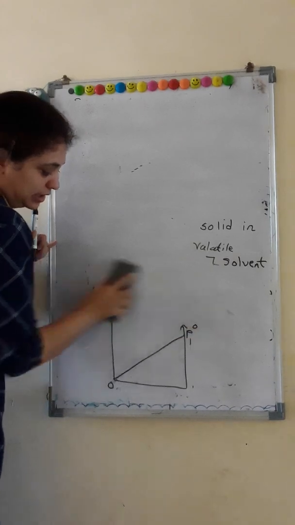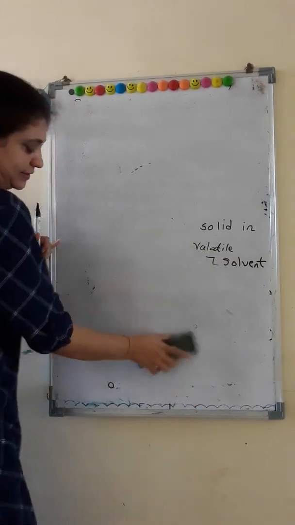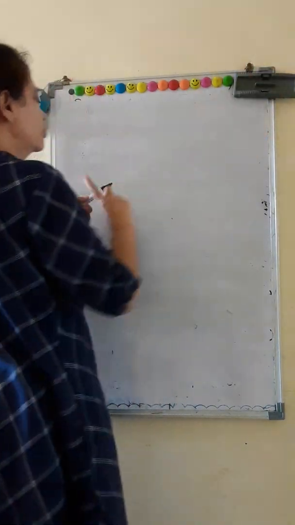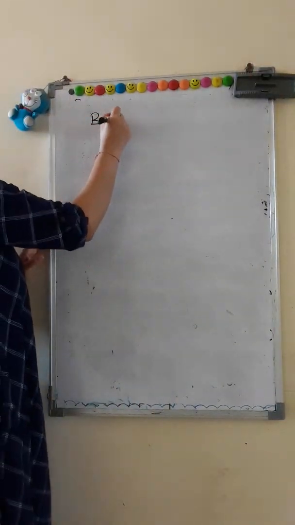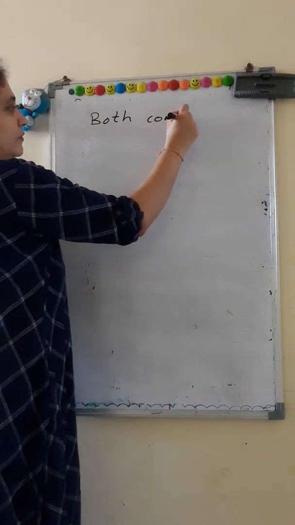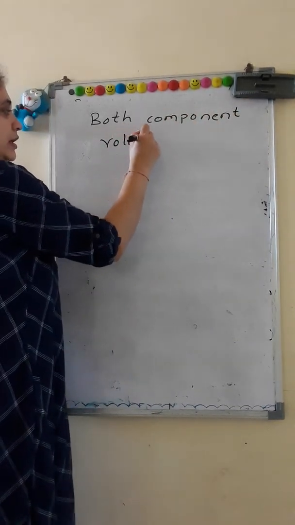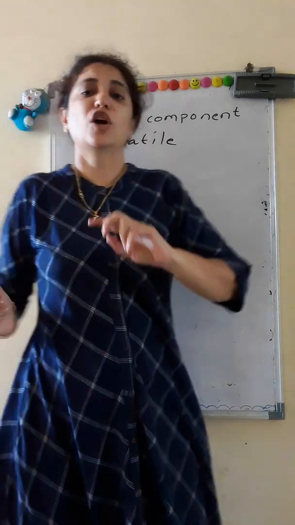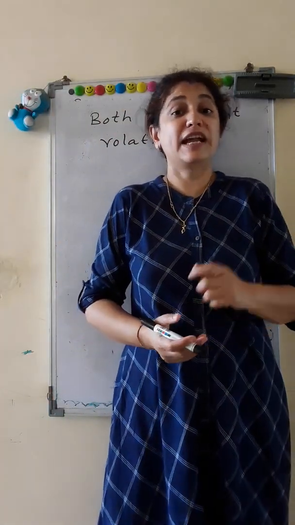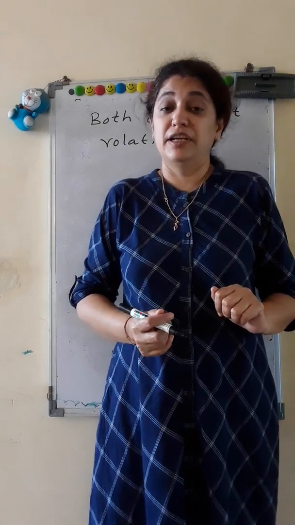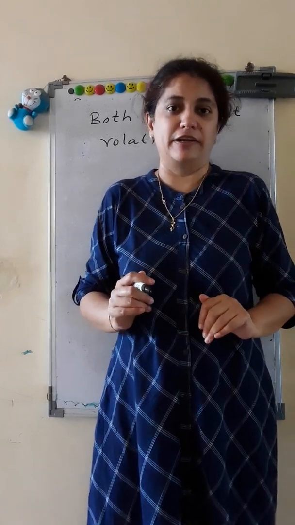Now let us move on to the next phase. Again coming back to both components volatile. Means both the components are liquid and they both have a tendency to pass into a vapor phase. But this tendency of liquids is different.